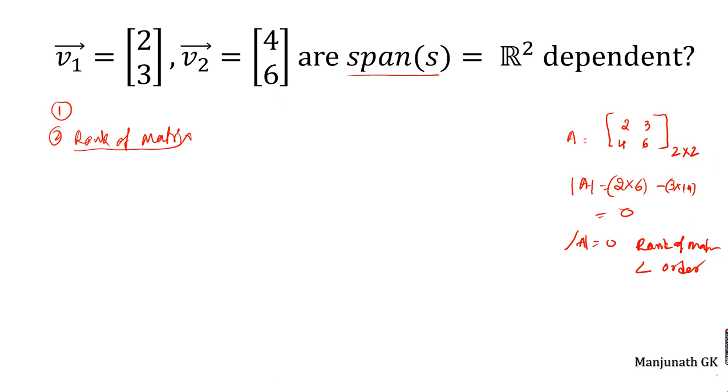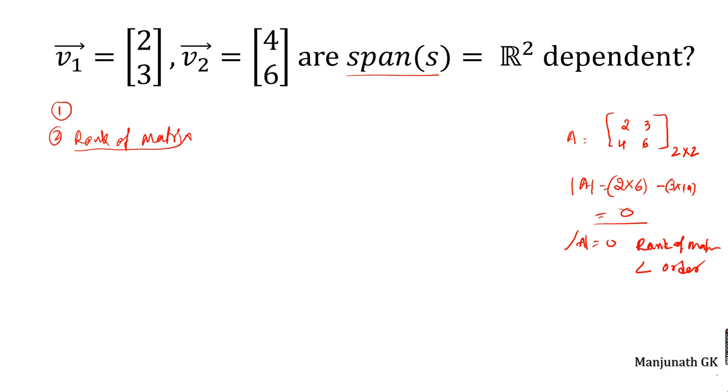Let us calculate its rank. We have calculated the determinant is 0. If the rank of the matrix is less than its order, then you can say that the given two vectors are dependent on each other. Keep that point in mind.